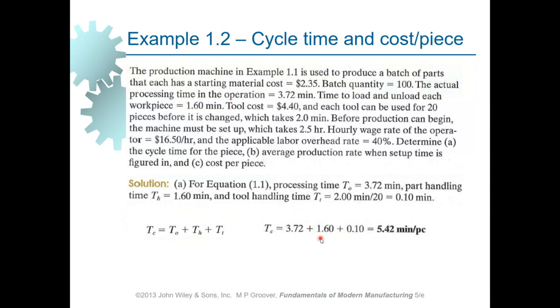It sits in this place. And then in the third place for TT, we've got to substitute tool cost. It is 440, but this is not right to put this figure right here because, as I said, these will be used in order to machine 20 parts and not just one. So we've got to divide it by 20 first, and then what we get, which is 0.1 minute, will be sitting here. Now TC can be computed for each of the individual parts, which is the cycle time.